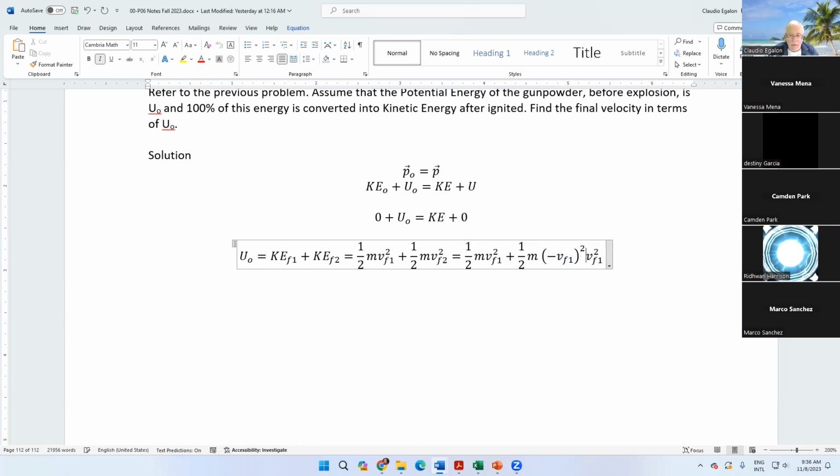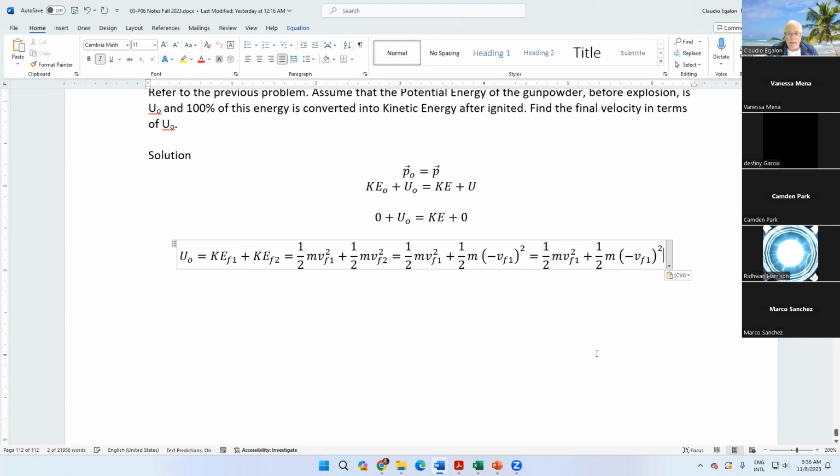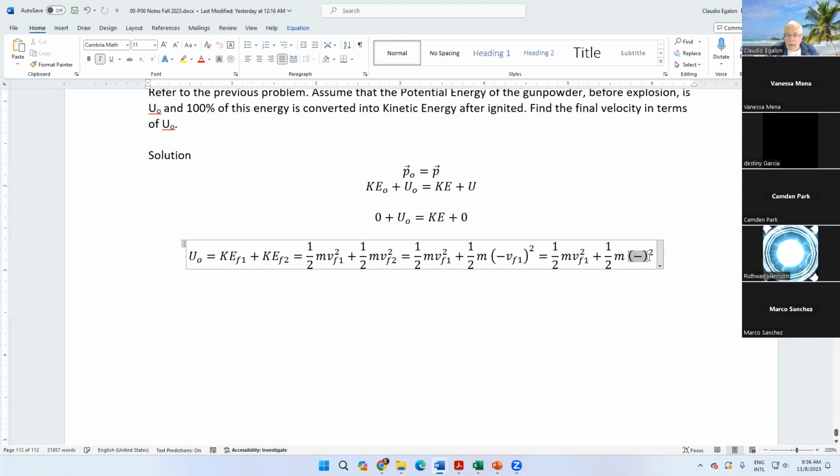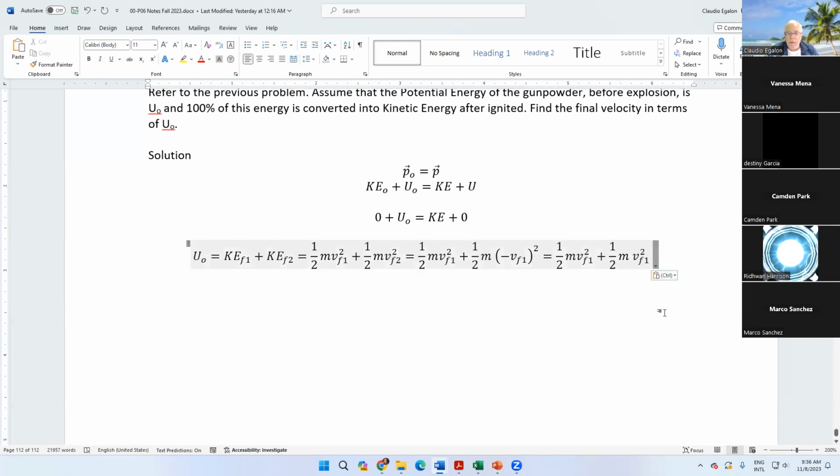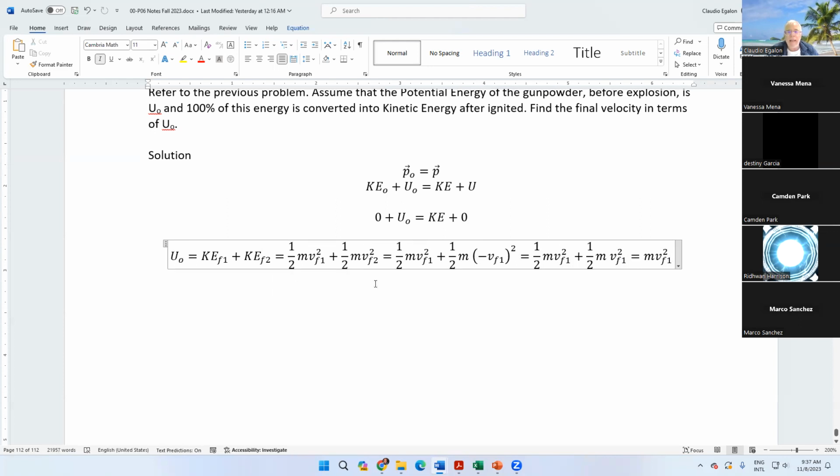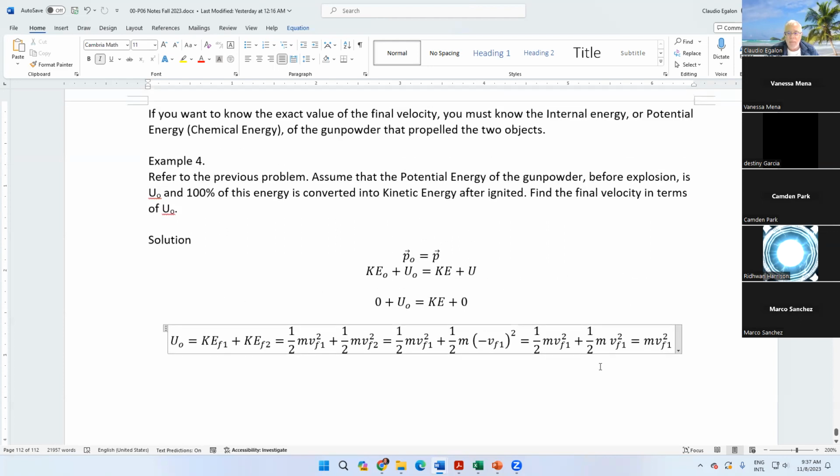Now I can raise to the power, because we're squaring that, right? The negative sign goes away. And we are left with M V f1 squared, which can be further simplified to M V f squared.